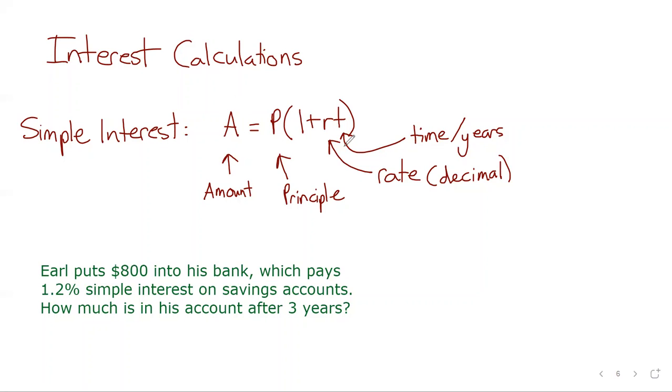And here's the formula. This is basically saying that after however many years, he's got his original principal, whatever he put in, plus, if it's for 3 years, 3 years of that rate on that amount of money. So let's just do the calculation and we'll see what we get.